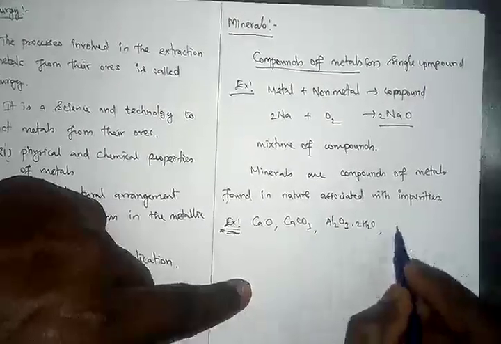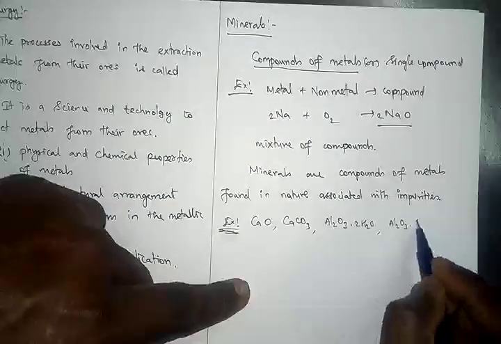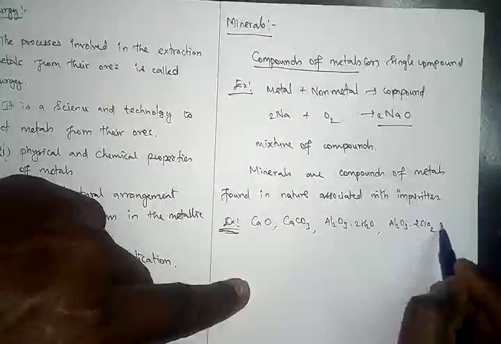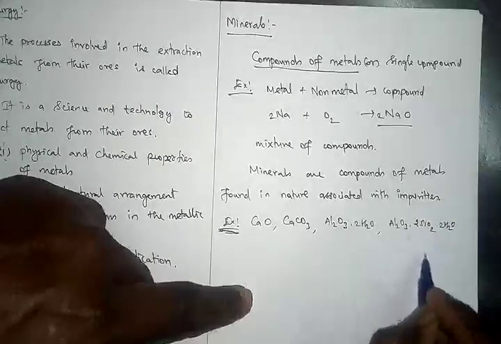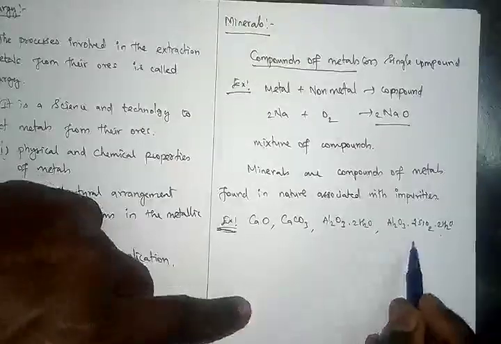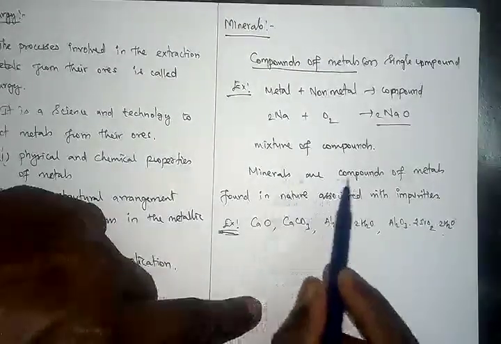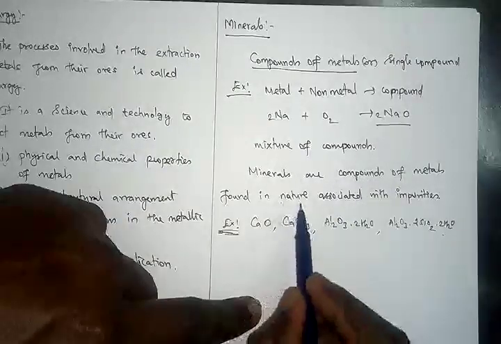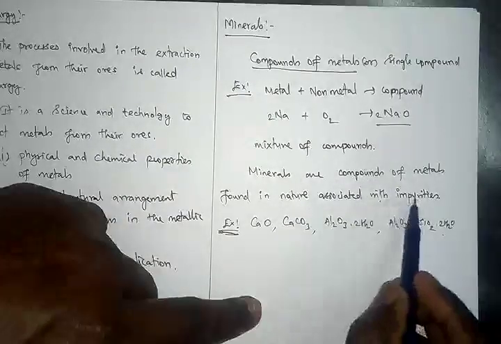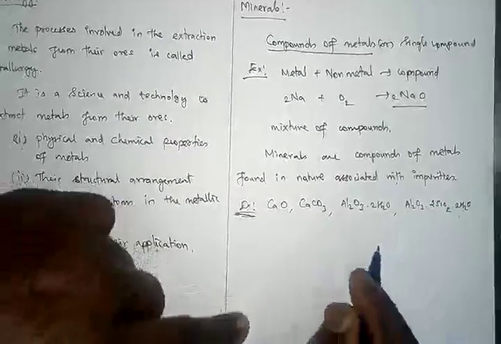Clay is Al2O3.2SiO2.2H2O. So this is another mineral. So these are the minerals, my dear children. So where do we get minerals? Minerals are the compounds of metals found in nature associated with impurities like sand, stone, mud, etc.